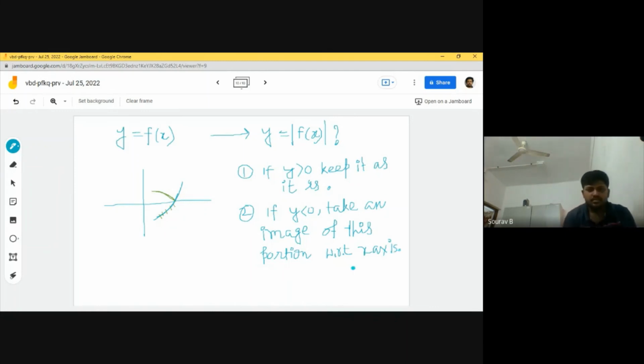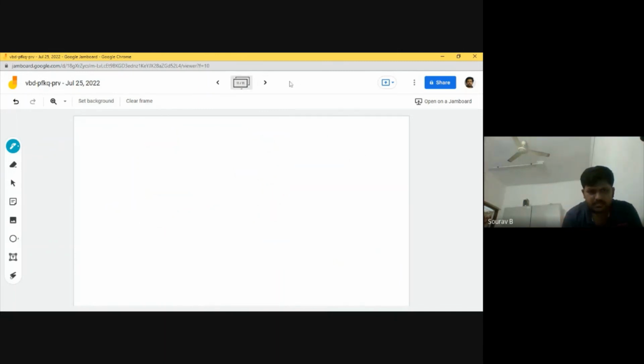Okay, so now let's take an example. Suppose this example is y equal to ln x. We all know how the ln x graph looks.